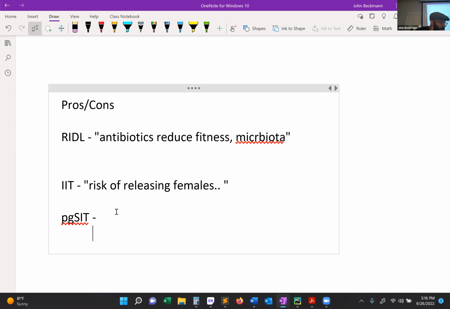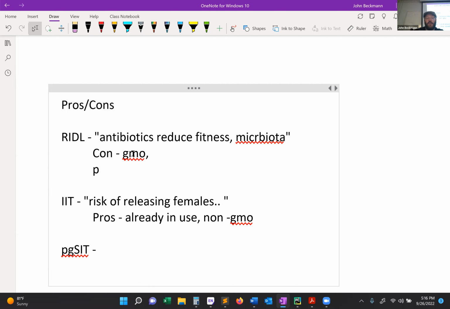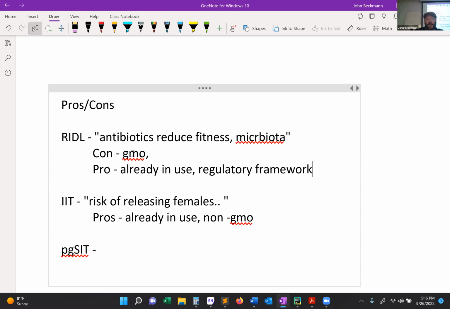Let me just go through my notes here and make sure I get everything. Remember, if we're talking about pros and cons, the pros of IIT is it's already in use and it's non-GMO, okay? A con of RIDL is that it's GMO, but a pro is that it's already in use and it already has a regulatory framework for approval, okay?